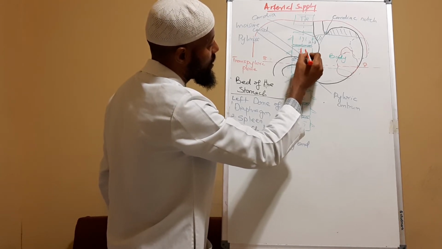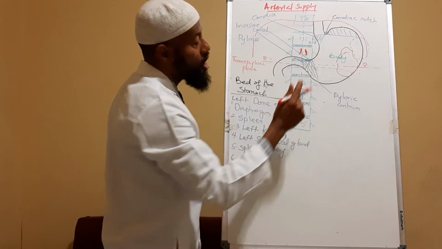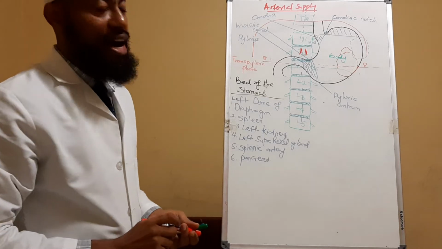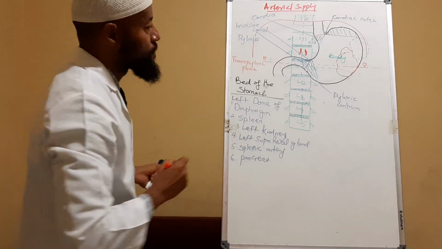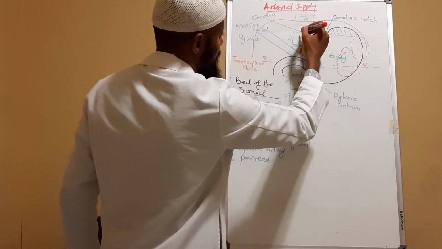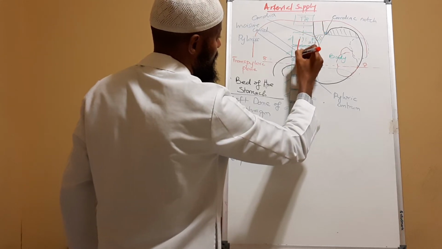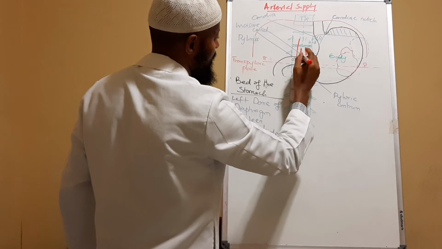The celiac trunk branches off from the abdominal aorta at the level of T12.